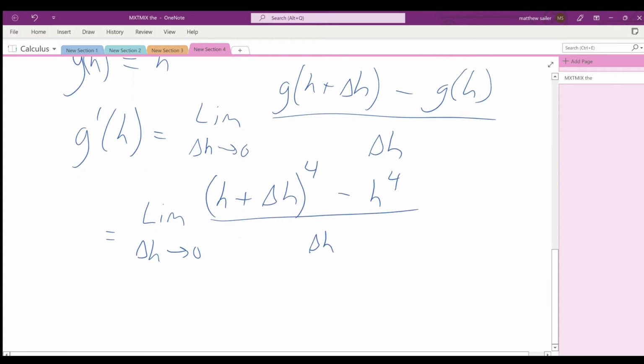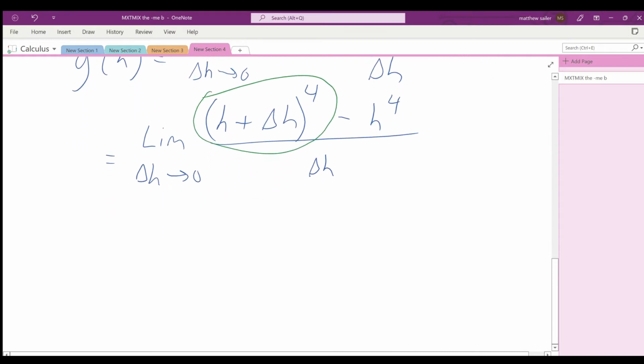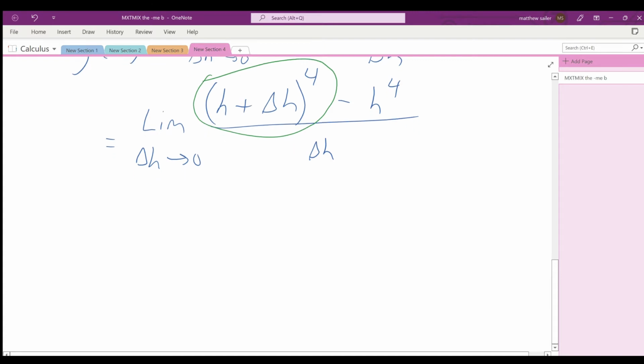And now we are going to want to expand this section here. This is going to be quite an expansion because it's raised to a power of 4. And this is why I didn't decide to choose something like the power of 10. This is why h to the 4th is indeed a crazy problem to do this with, because it's a lot of work.